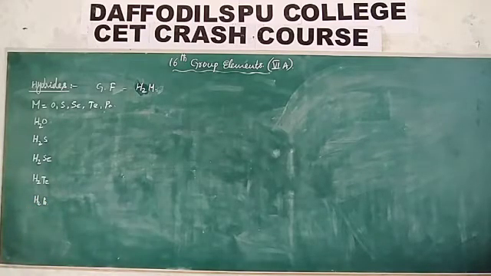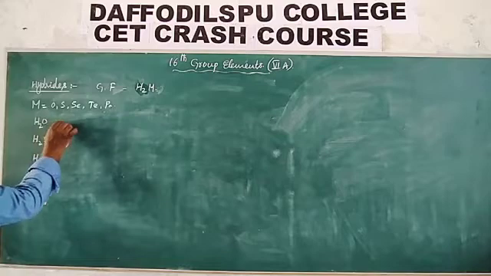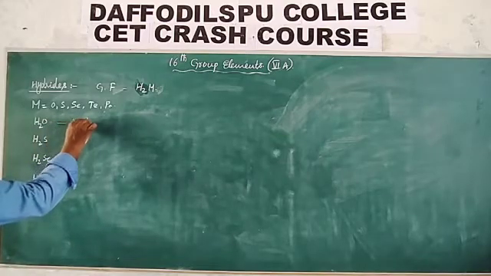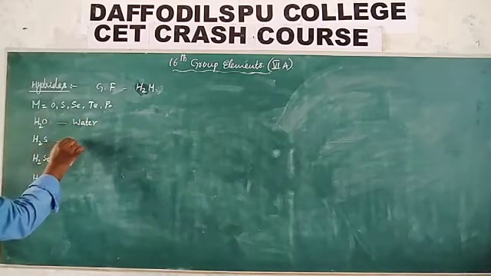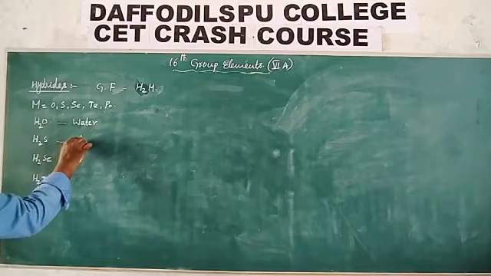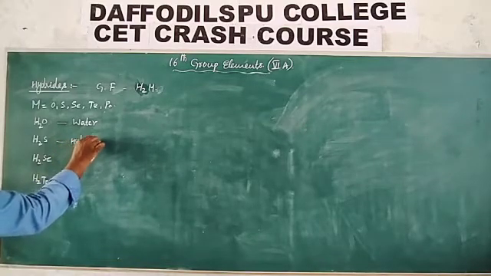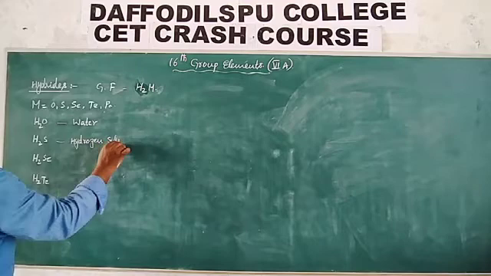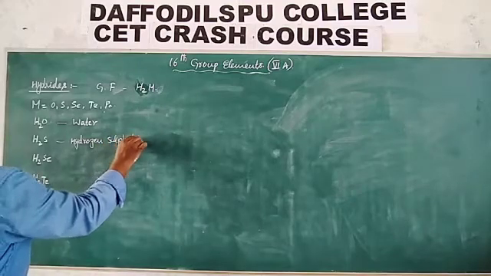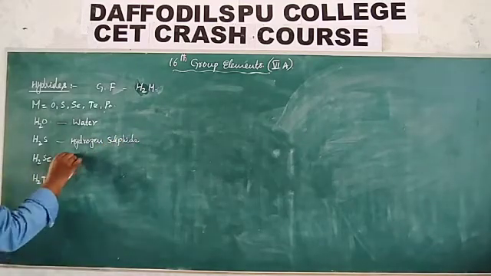These are the hydrides of 16th group elements. H2O is known as water. This is hydrogen sulfide. This is hydrogen selenide.